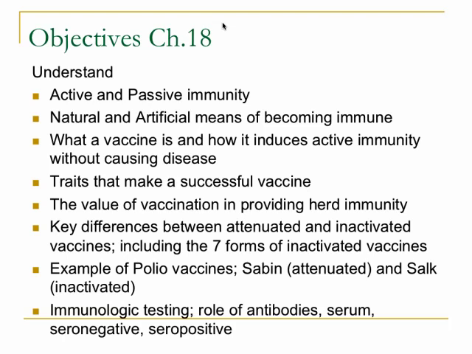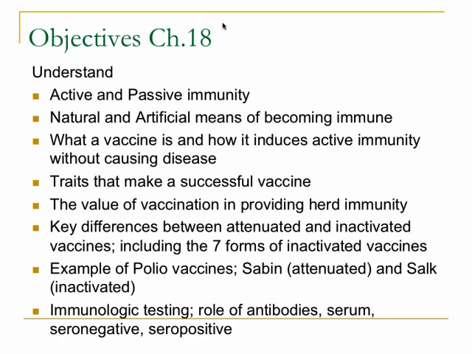But there are various ways in which we can be protected from infection by these pathogens. One of them is active immunity, which gives us long-term protection from the pathogen, or we can get temporary protection through passive immunity. And there are natural means by which we can acquire active or passive immunity.